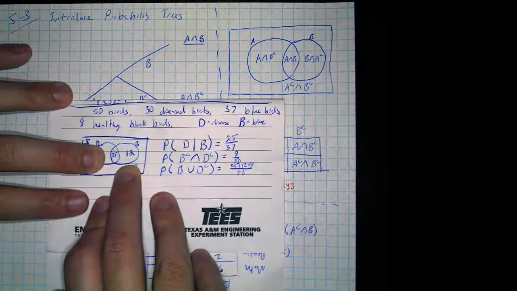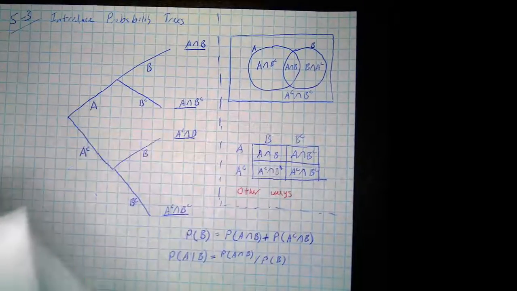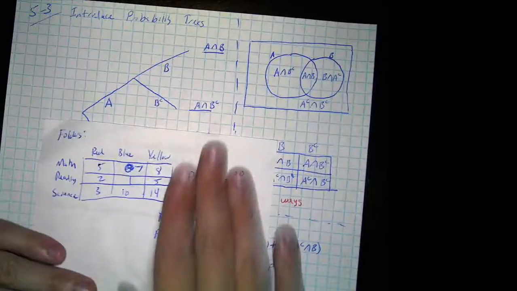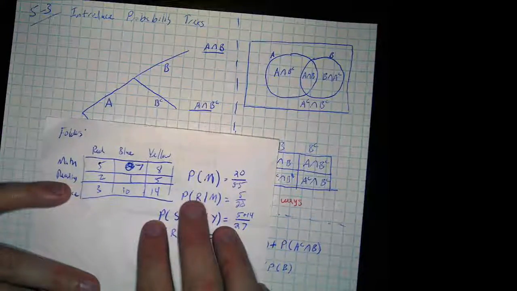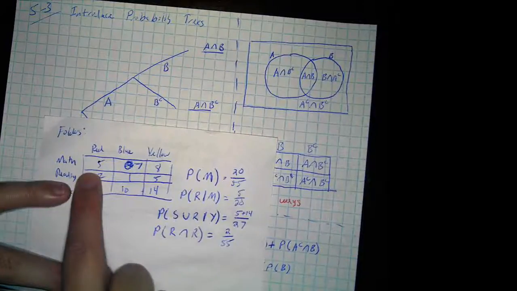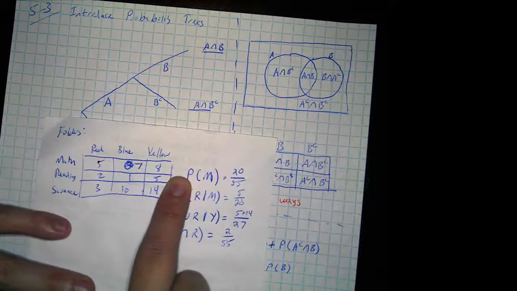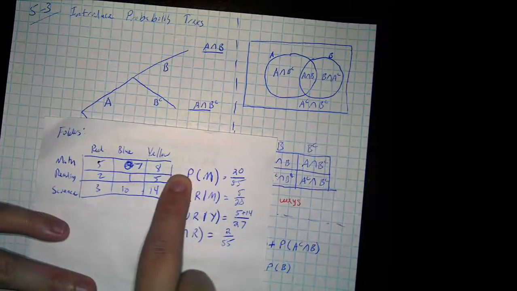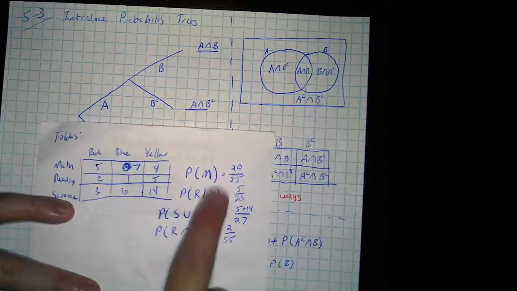So if you got Venn diagrams, there's that. If you got the two-way tables better, where we did givens like the probability you are red given math. Given math, it would be 20 out of 55, right? There's 20 and there's 55 total items. So given math is 20 out of 55.